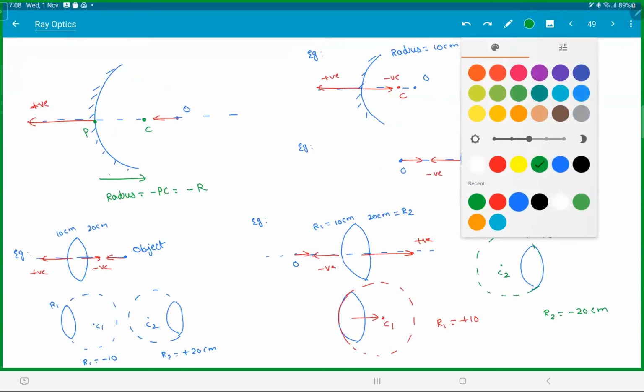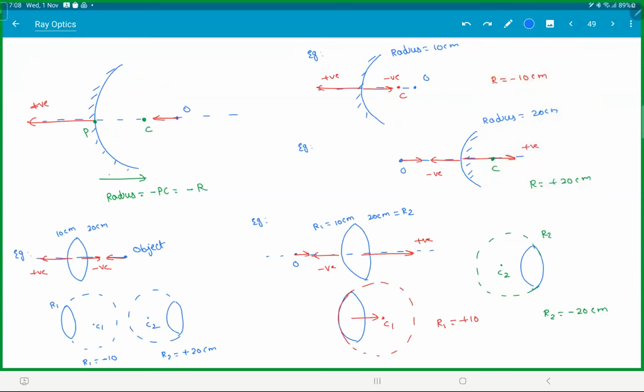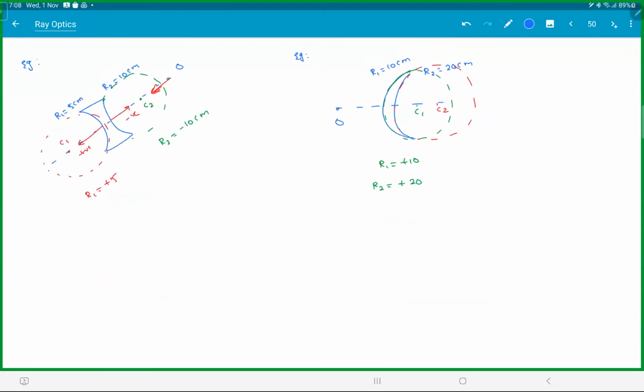So for even radius of curvature, you have to be careful because focal length is R by 2, and R plus or minus will change the focal length. Clear, everyone? These examples.